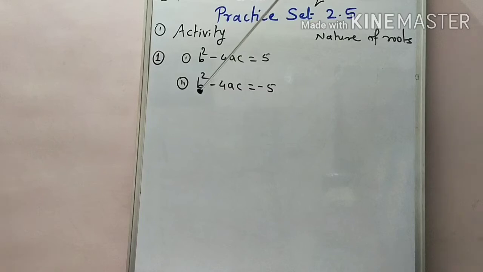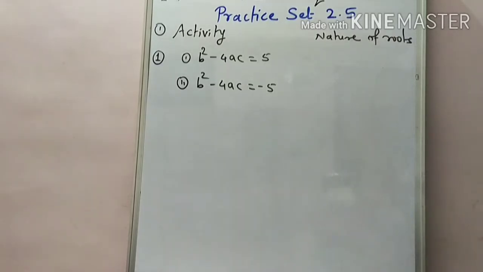And for that same equation, if b square minus 4ac equal to minus 5, then again we have to write down the nature of the roots. As we know, b square minus 4ac equal to 5 means its value is greater than 0, and if it is greater than 0, then the roots are unequal and real numbers. And if the value is minus 5, means less than 0, the roots are not real numbers.